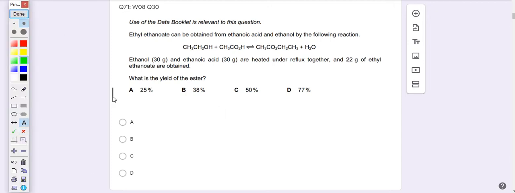We first find the number of mole of ethanol, by using the formula mass over Mr. Okay, let me change the color. Which is 30 gram.